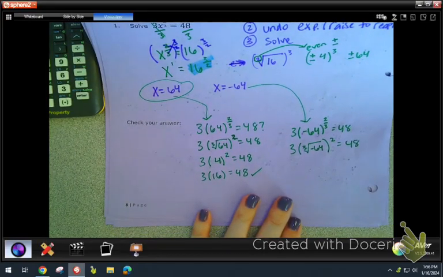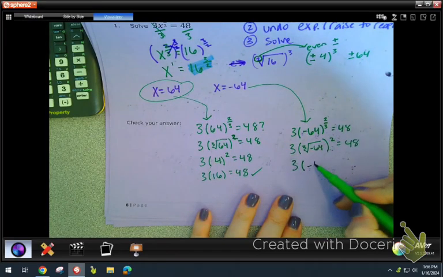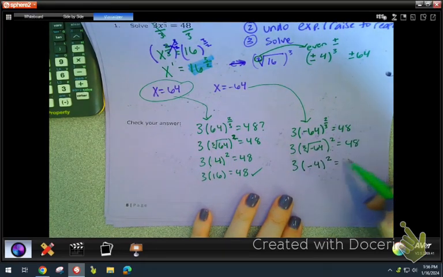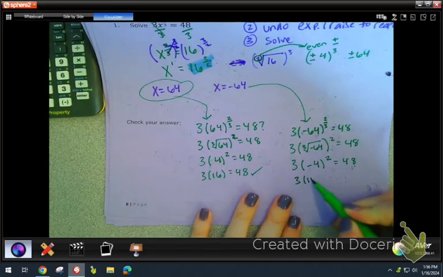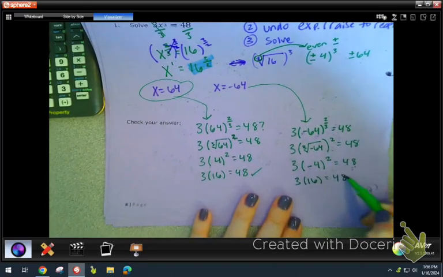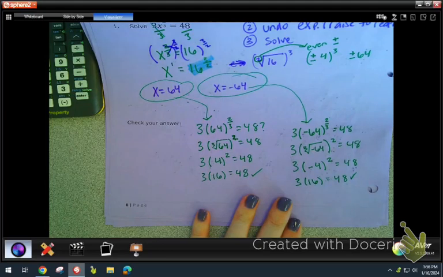It has to be an odd type of root that you're taking. That's called the index. What is the cube root of negative 64? Negative 4. But what is negative 4 squared? 16. Positive 16. And what is 3 times positive 16? 48. So they both work here. Okay? So both of those are solutions.